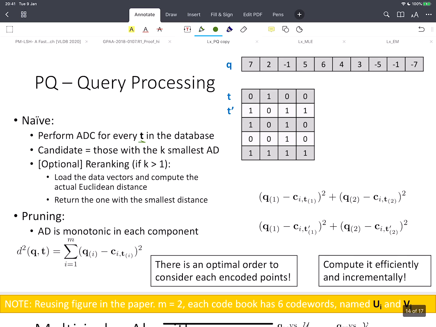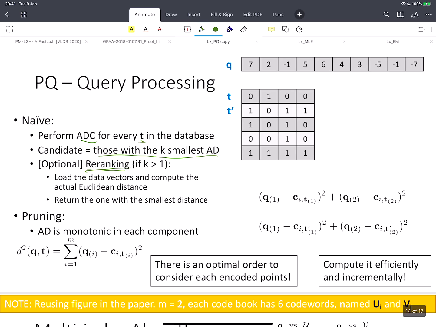For every T in your database, you calculate its corresponding ADC once a query is given, and then you grab the smallest k of them. Even if you only want to return one, sometimes you can perform re-ranking: you fetch more than what you require, and load the data vectors to compute the actual Euclidean distance.